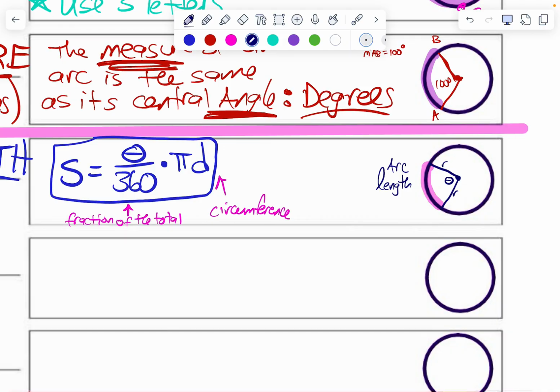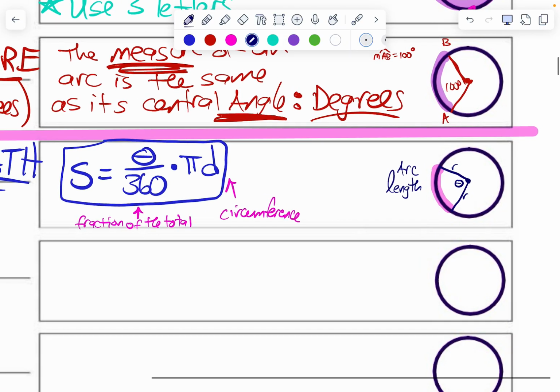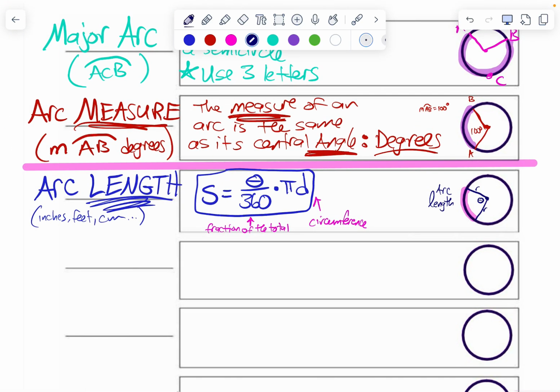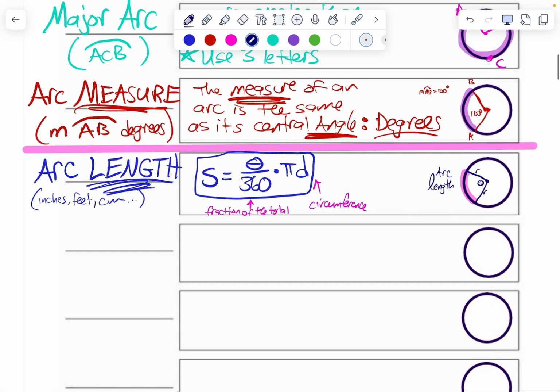You might need to use R to get the diameter. Now, again, we have two sides of the formula, don't we? So what if I tell you an arc length and ask you to solve for the diameter or the radius? You have to be able to plug in, so make sure you write both sides of the formula. And just as a, what's the word?